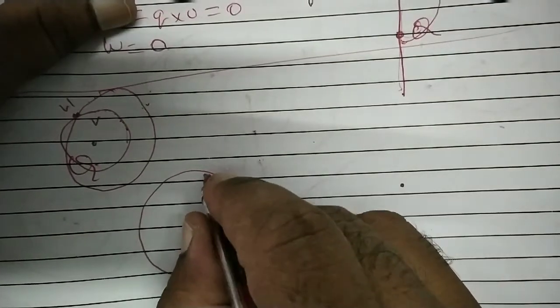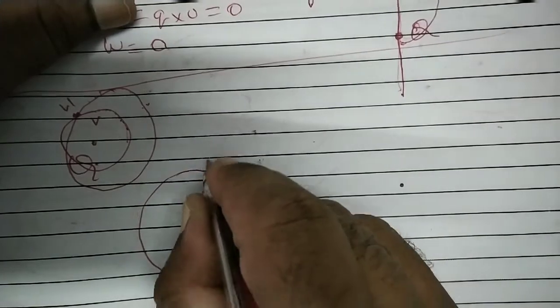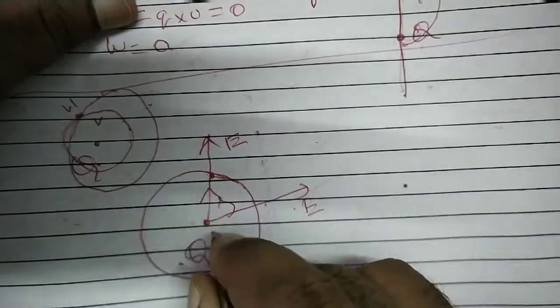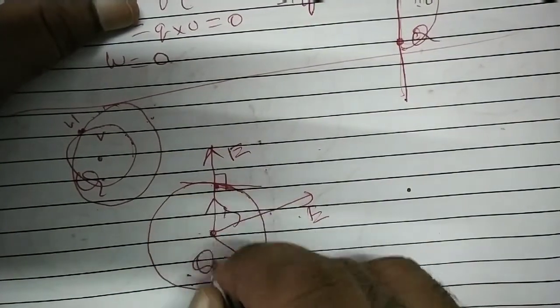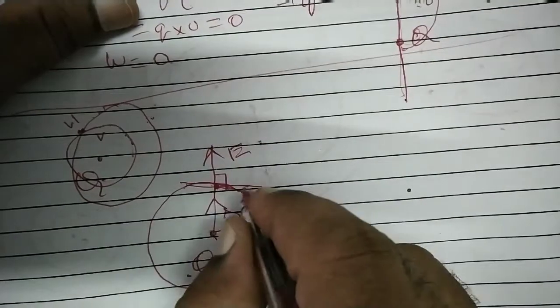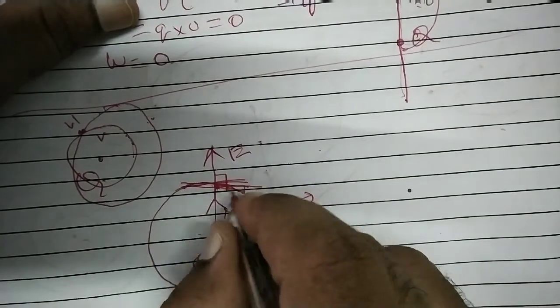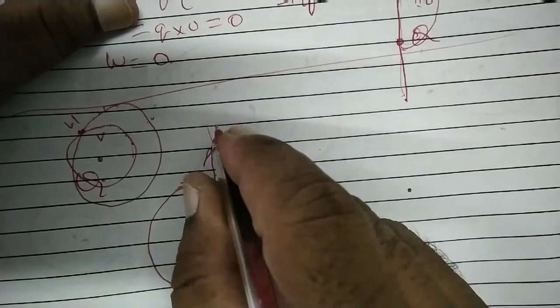Now at this point the electric field is directed away from the charge like this. These are the directions of the electric field intensity or field lines E bar. Now if you draw a tangent to the EPS, that will make 90 degrees, because the field is along the radial direction and the tangent is of the EPS. So the tangent of the EPS will make 90 degrees with the field direction.